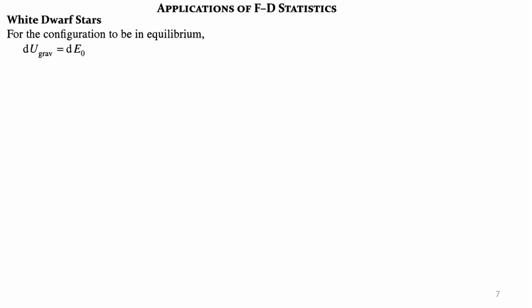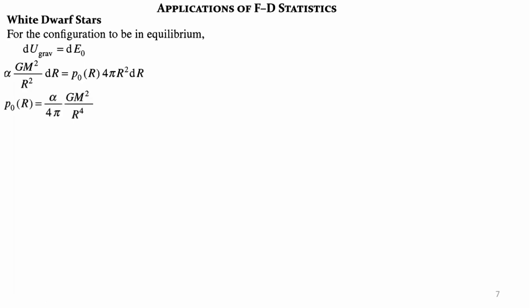The pressure is trying to expand the star outwards, and gravity is trying to pull it inwards. That's what we are trying to say, that in equilibrium, these two have to be the same. The gravitational energy has to be equal to the pressure energy, right?